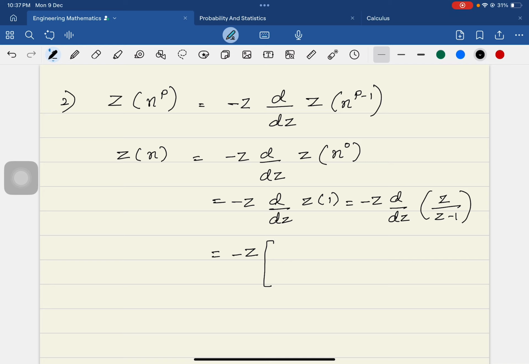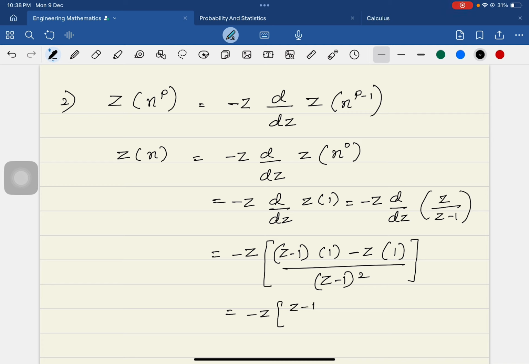So use the quotient rule. What is it? It is z minus 1 into the derivative of z, which is 1, minus z into the derivative of the denominator z minus 1, which is 1, over z minus 1 the whole square. So now that gives you minus z into z minus 1 minus z over z minus 1 the whole square.